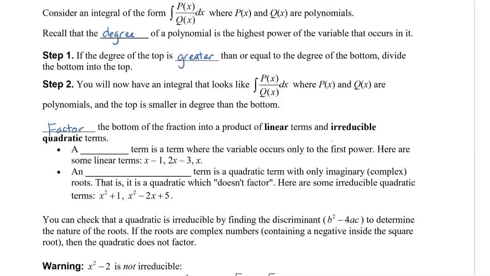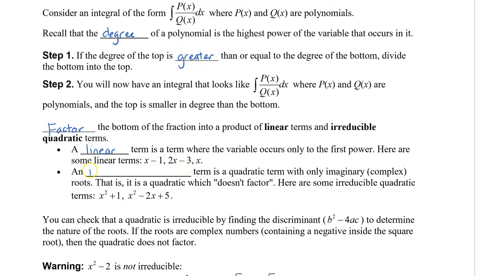All right, what are those? A linear term is a term where the variable occurs only to the first power. So here are some linear terms: x minus 1, 2x minus 3, and x.